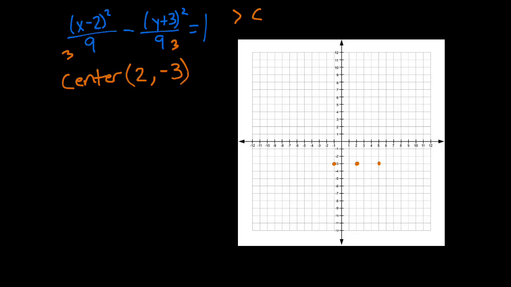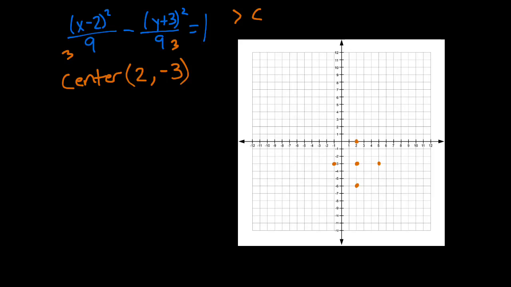Our y radius is also 3, so up and down 3. This would make it look like we're graphing a circle. I can't count today, so left and right 3, up and down 3, 1, 2, 3.